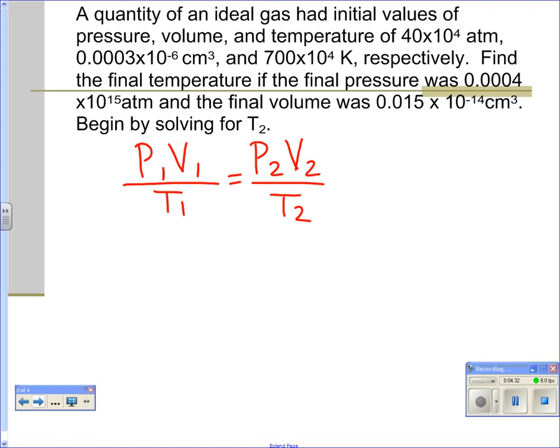What do you normally do with this? Cross multiply? We can cross multiply, right? Do it. Does that make sense? And then how do I solve for T2?